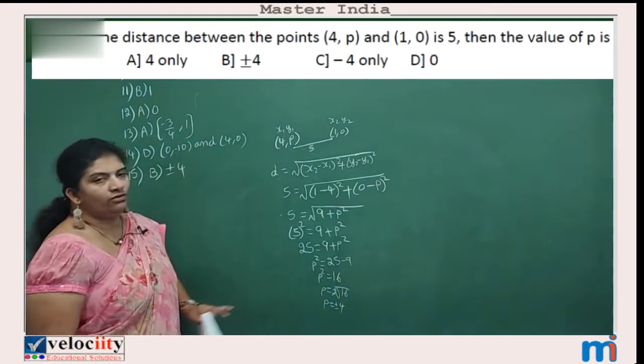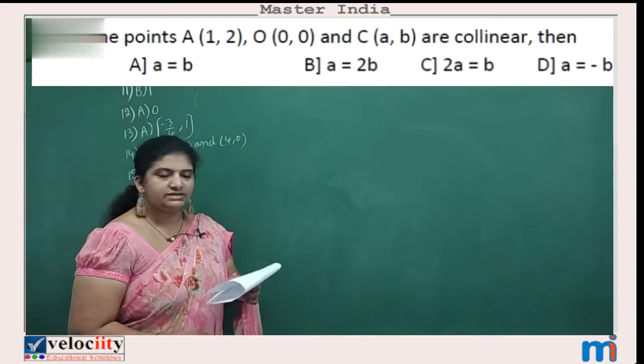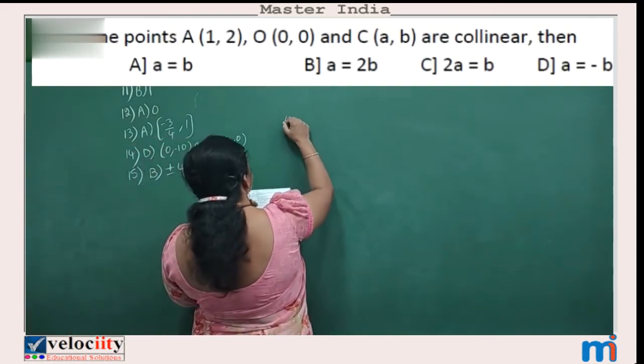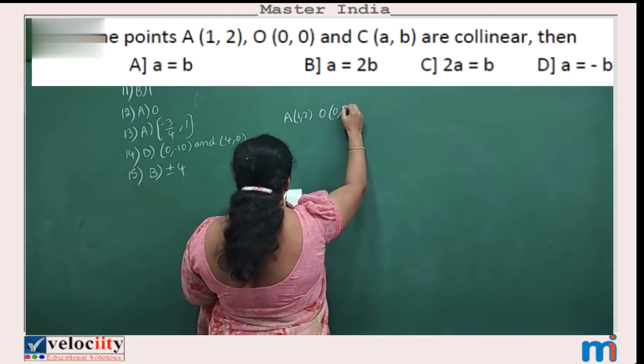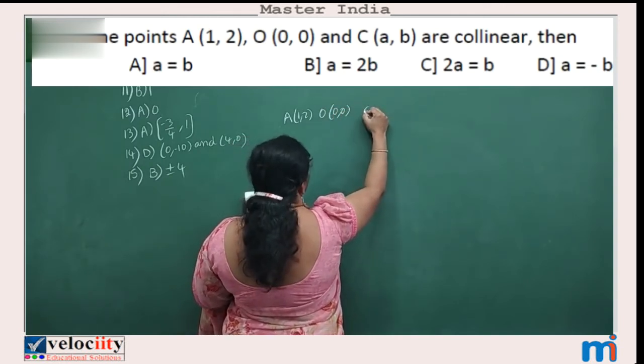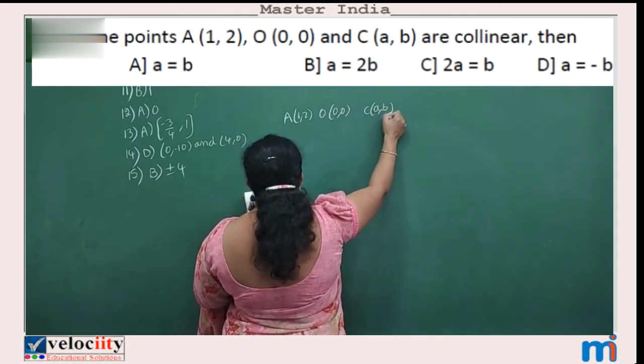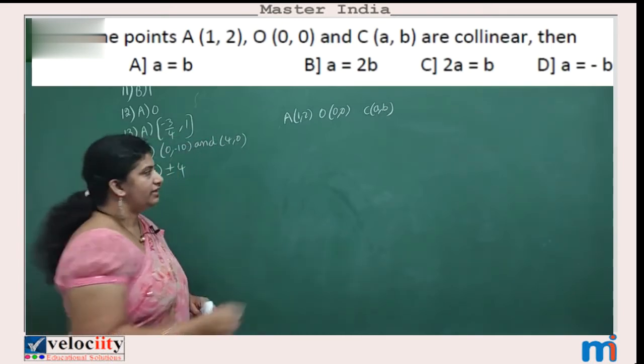What is your P value? Plus or minus 4. 16th one. If the points A 1, 2, 0, 0 and C a, b are collinear.